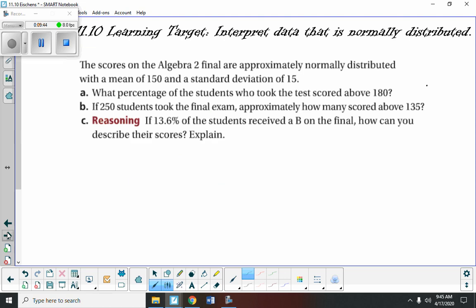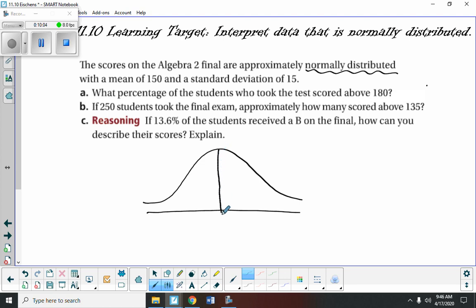Here's another one. The scores on the Algebra 2 final are approximately normally distributed. Those are the words we're looking at, so that tells you bell curve, with a mean of 150 and a standard deviation of 15. And the standard deviation would be calculated by that formula that we learned in the last lesson.